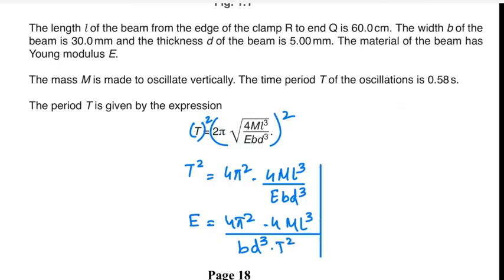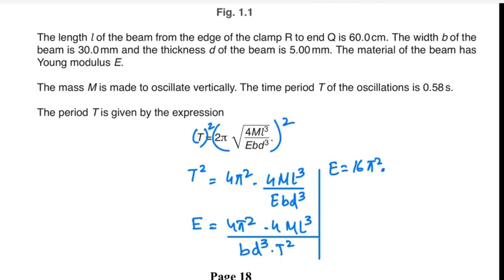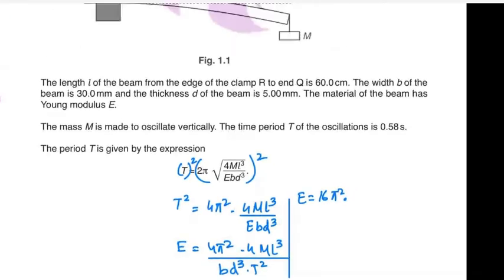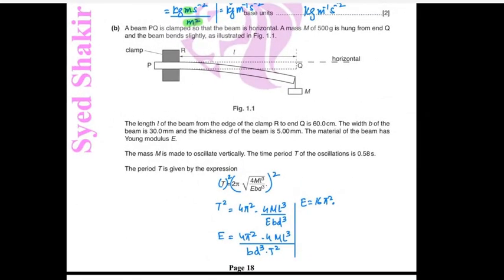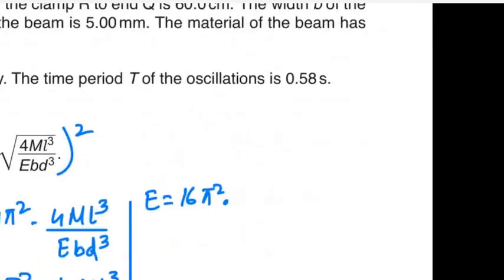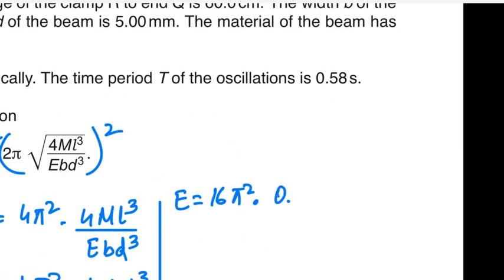So E will be equal to 4 pi squared, 4 into 4, it's 16 pi squared, multiplied by M. What is M? M is mass. How much is it given? 500 grams. So we need to make it into kilograms. It will become 0.5 kilograms, right?